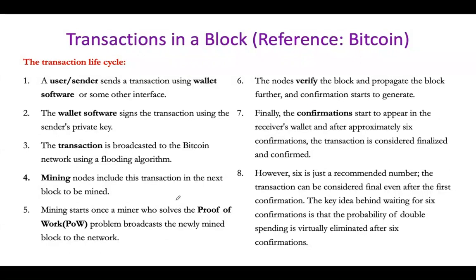Then the nodes in the Bitcoin network try to verify these blocks, whether any newer transactions have been added or only the older block is broadcasted again. That will be checked and verified, and if they find that new transactions are added, then they propagate that block further, confirm it, and start to generate a new block.